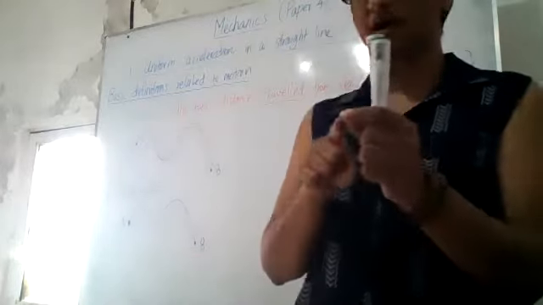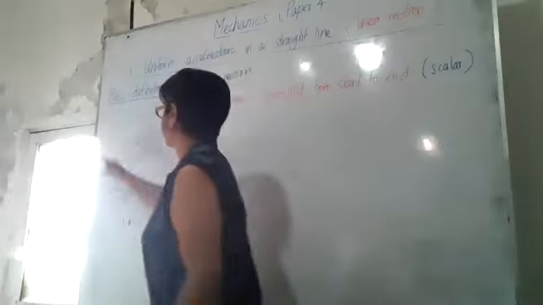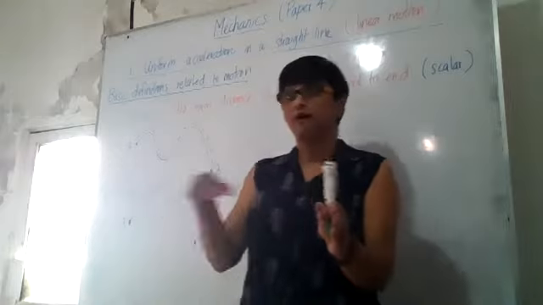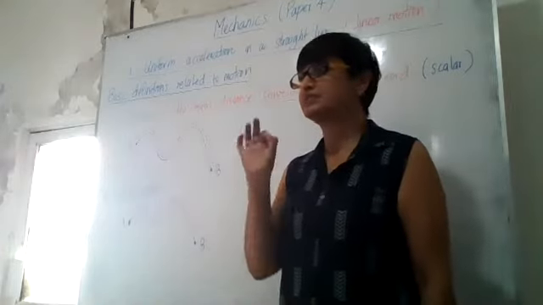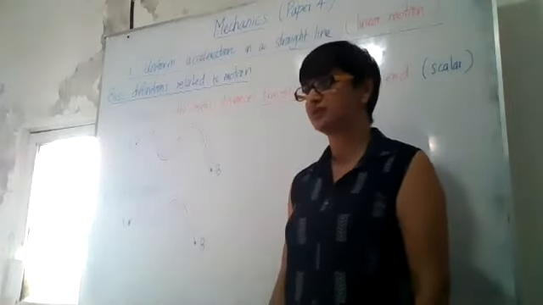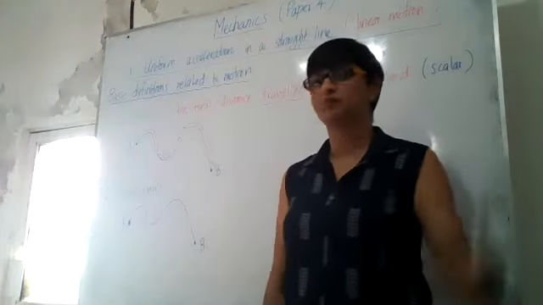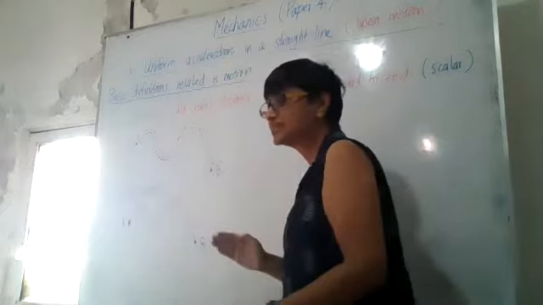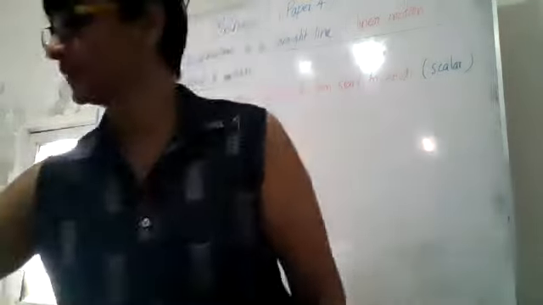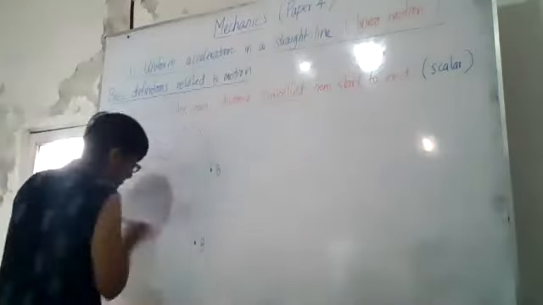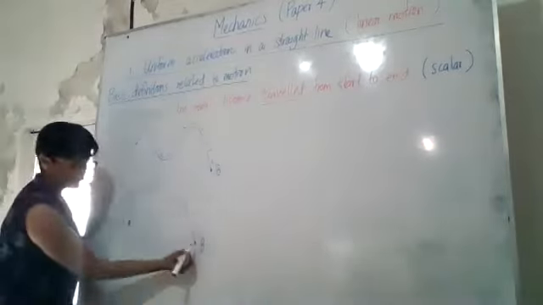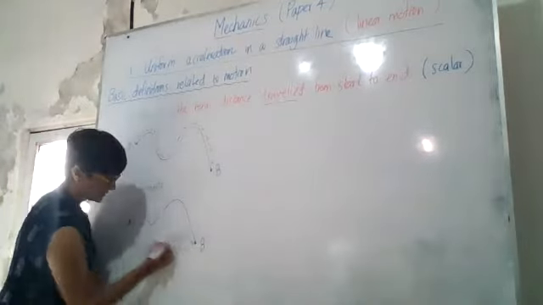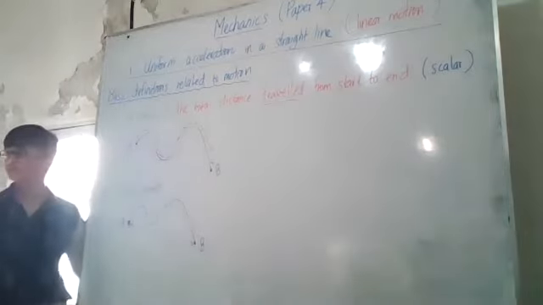I don't care how I went from A to B. I could have gone under that, or I could have gone like that. It doesn't matter the path I took. When you talk about displacement, all you care about is your net shift from your starting point. How much have you shifted? It's the direct distance from A to B. You started your journey here, you ended up here, you have shifted by this amount. That is called displacement.